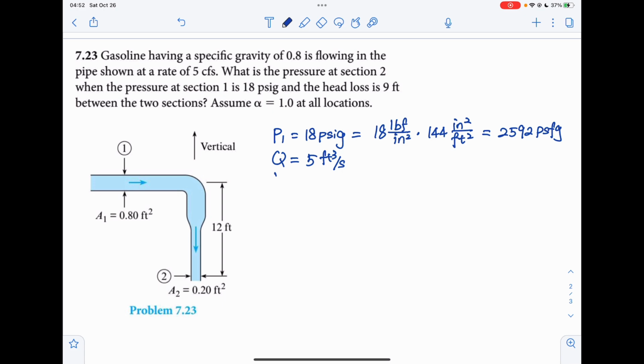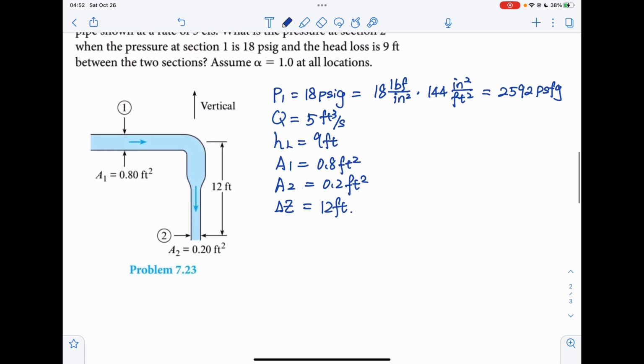The head loss is 9 feet, and from the figure we know A1 equals 0.8 feet squared, A2 is 0.2 feet squared. Okay, and the difference of point 1 and point 2, delta Z, is 12 feet.